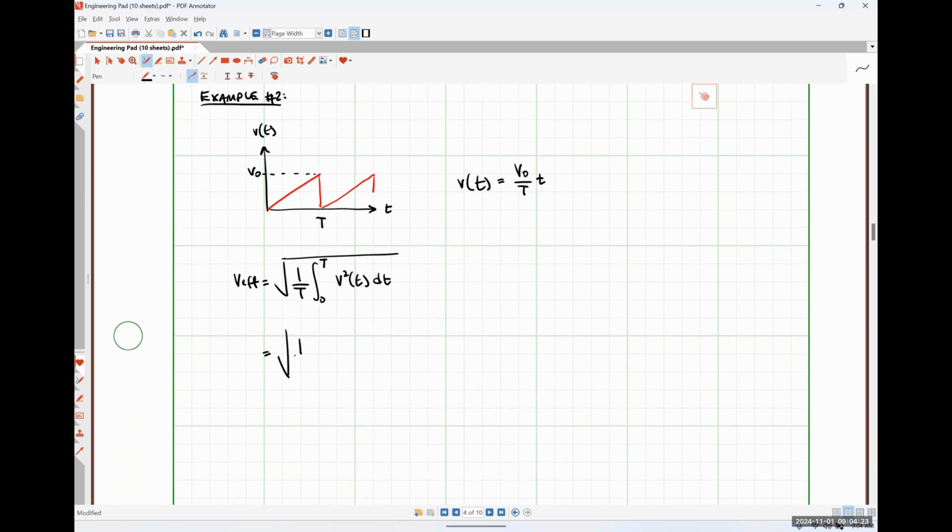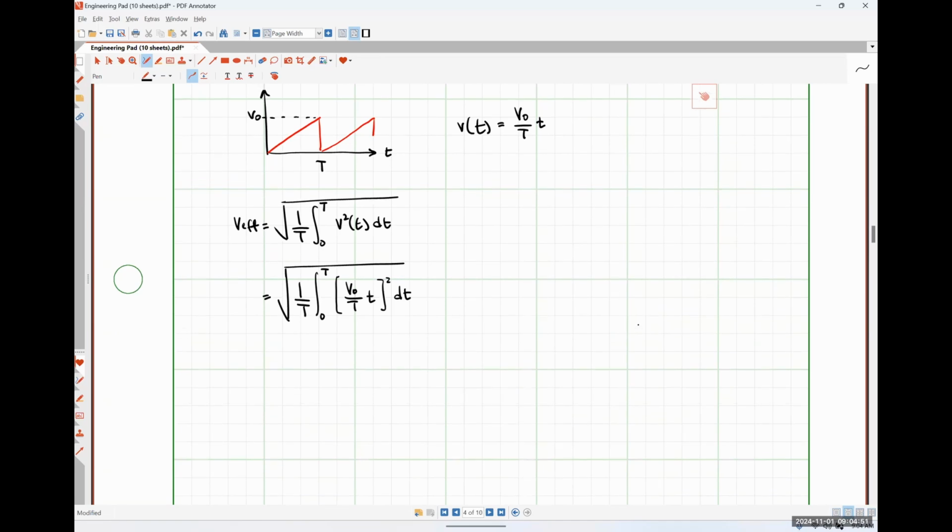So our period is still literally just 1 over T. Our integral will occur from 0 to T. Our voltage squared is going to be V naught over capital T times lowercase t quantity squared dt. So before I get into the math here, are we all okay with what I've done?